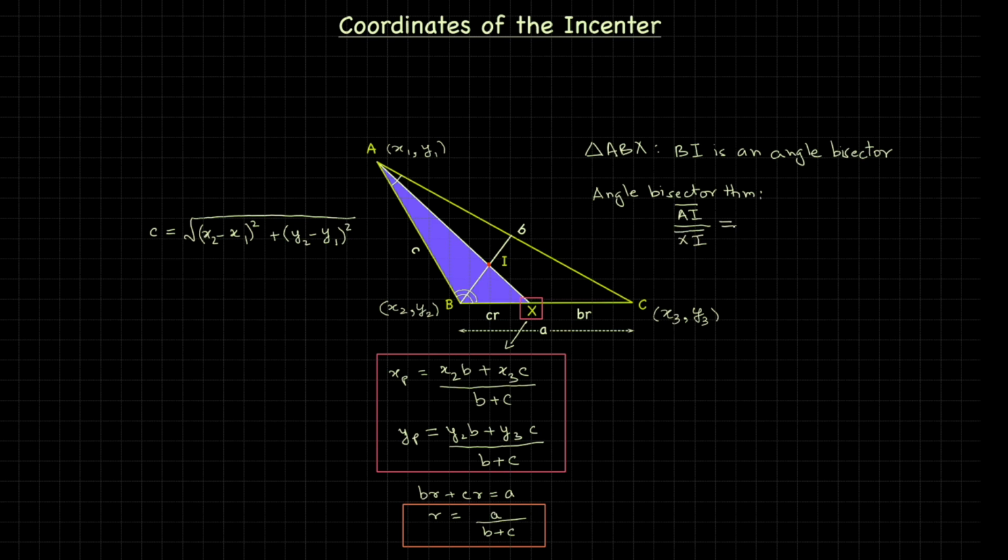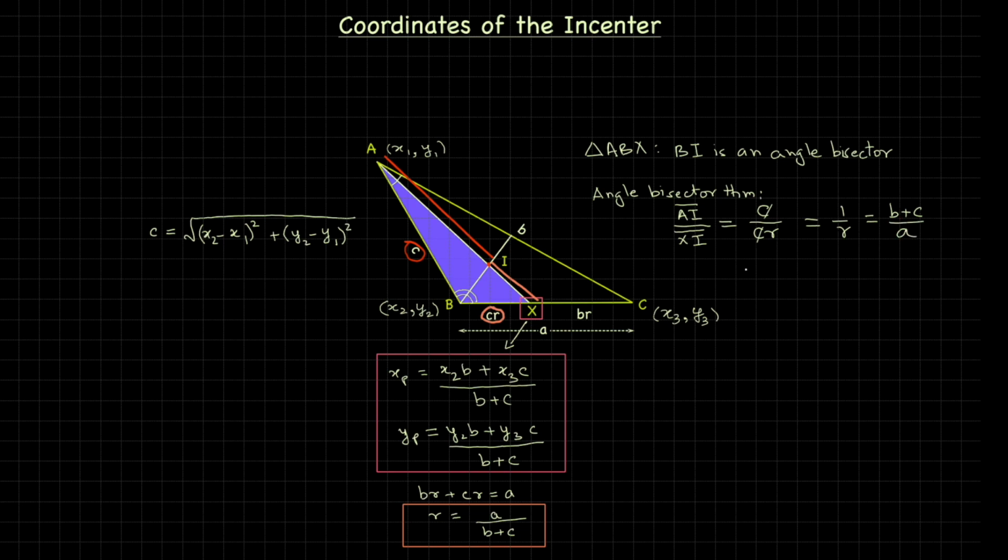This ratio will be given by the lengths of the sides AB and BX. The length of side AB is lowercase c, and the length of side BX is cr. AI to XI is given by c over cr. This ratio is 1 by r. Since we already know r, we can write this as b plus c divided by a.